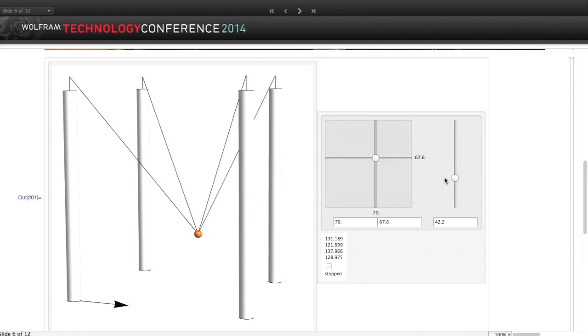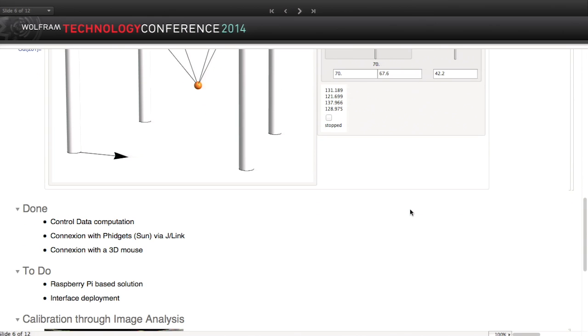And I would love Wolfram to consider using this device in their program. And to attack this Phidget, we are using J/Link and the Java API. So that's what is done.